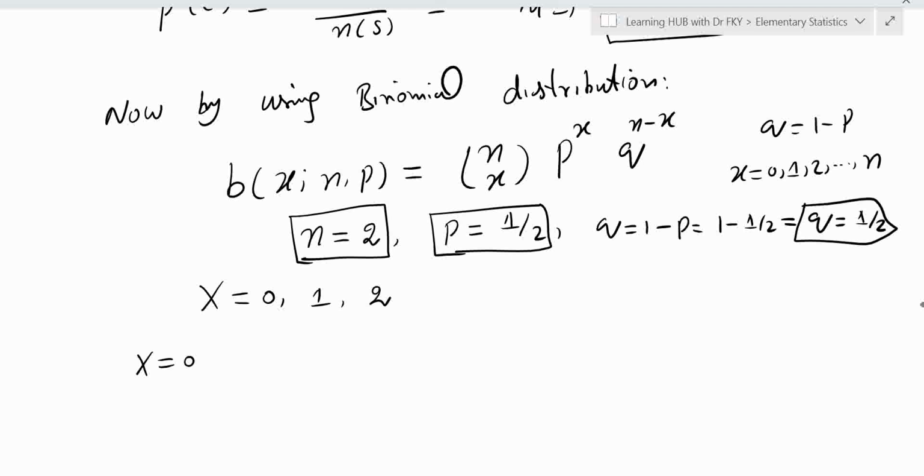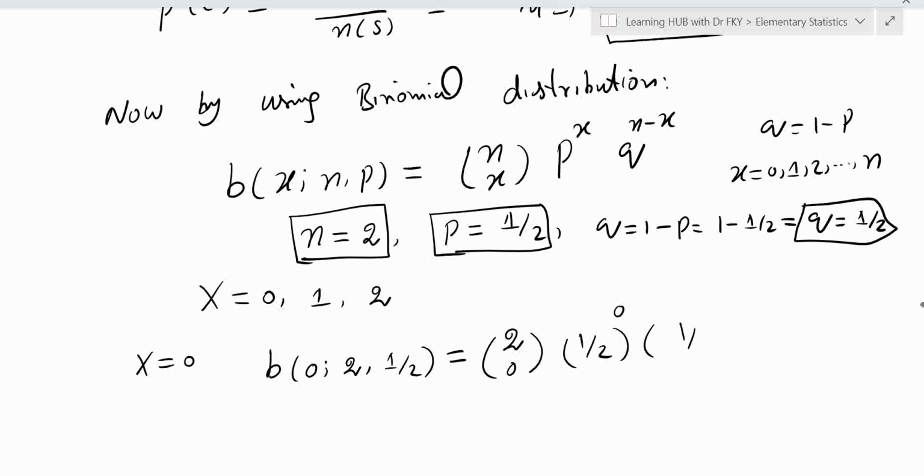Now this function becomes, n is 2, I already told you, and p is 1 divided by 2. Just put these values: n is equal to 2, x is 0, p is 1 divided by 2, and x is 0, and q is 1 divided by 2, and n is 2, and x is 0.